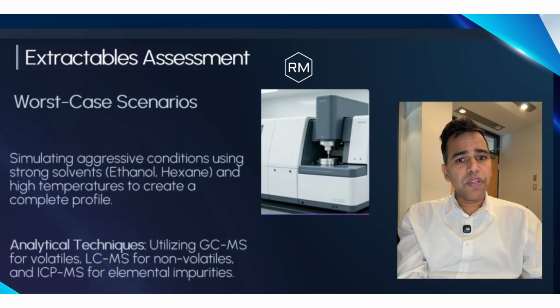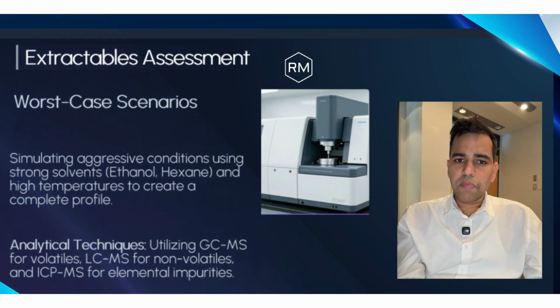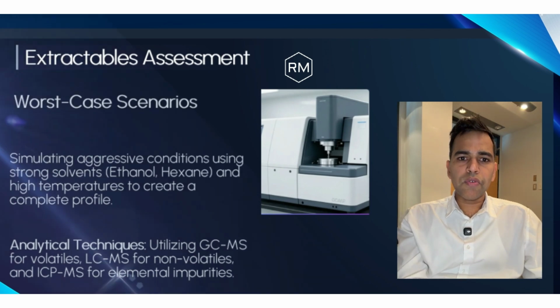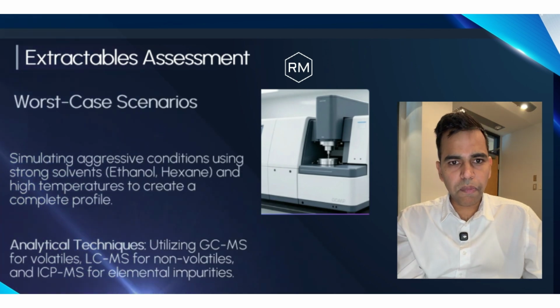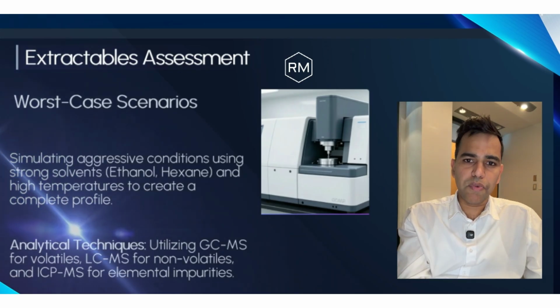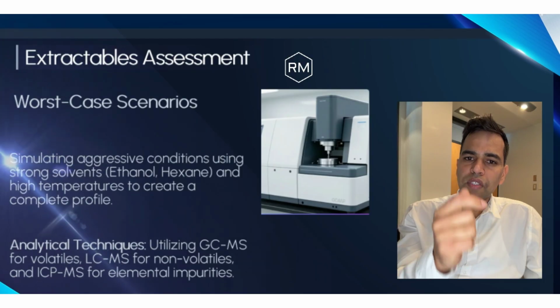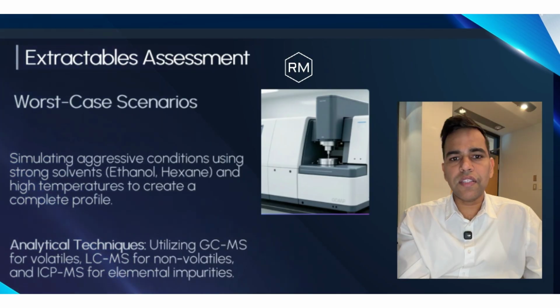To do this, we rely on advanced analytical tools. For example, GCMS for volatile compounds, LCMS for non-volatile compounds, and ICP-MS for elemental impurities. This data set becomes the foundation of everything that follows.